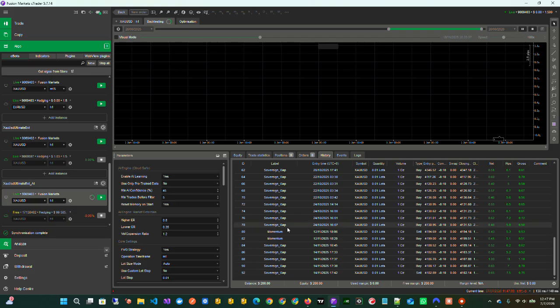Okay, so momentum, couple of strategies, but it's still running the sovereign gap strategies. We made some loss before the swing breakout happened, but nonetheless the account is still growing.